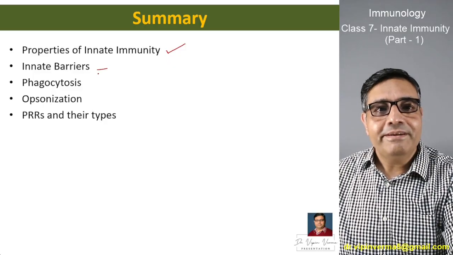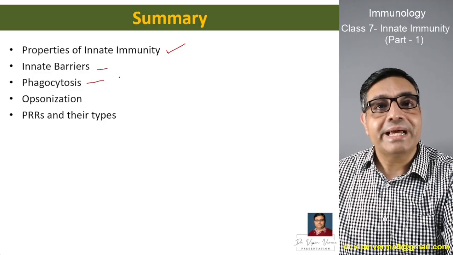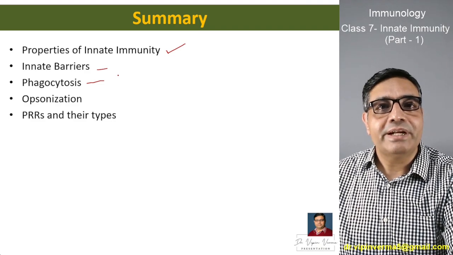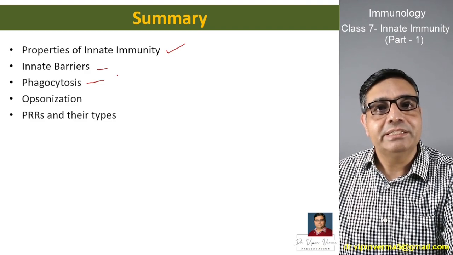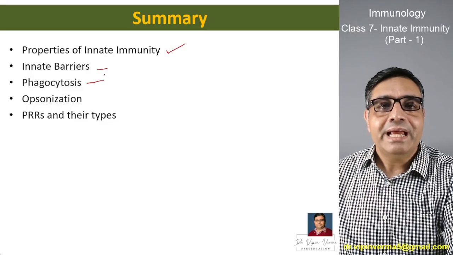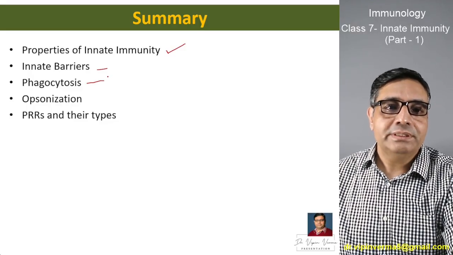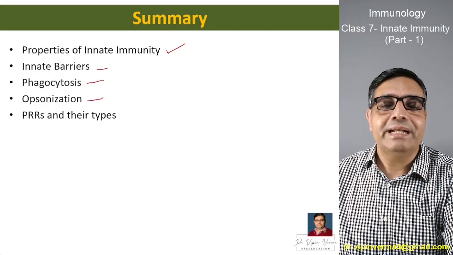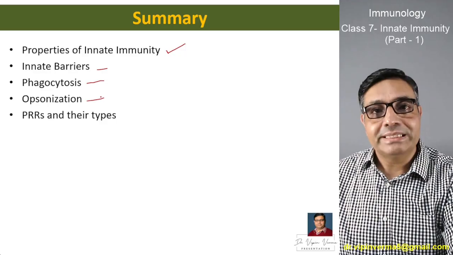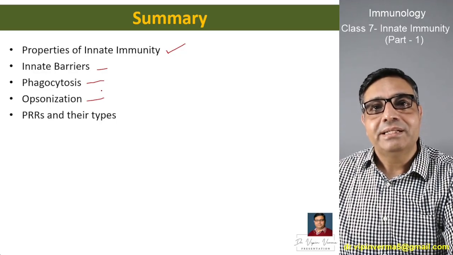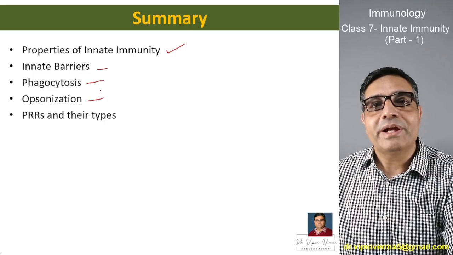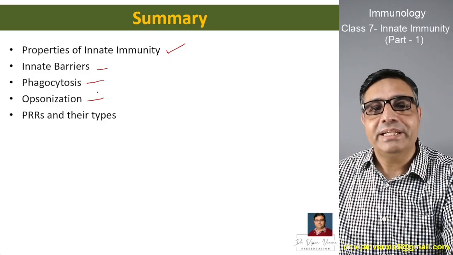Then we saw phagocytosis, its mechanisms, and how reactive oxygen species and reactive nitrogen species are generated and kill the pathogens. Then we also discussed opsonization, with a few examples of opsonins, and how these opsonins act upon the pathogens or microbes and help in their elimination.